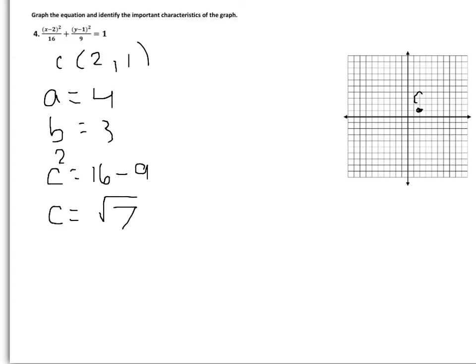Okay? I'm going to erase that, just to make sure. But so now we need to get the major and the minor vertices again. So it's 2 plus or minus the A, which is 4, comma K. So I get negative 2, 1 for the major and 6, 1.